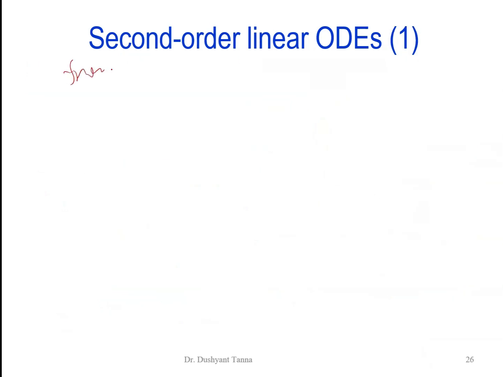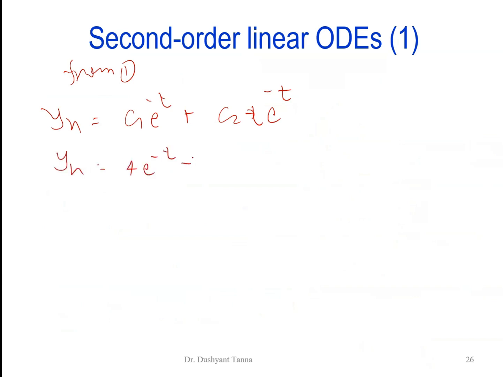From 1, my YH, which was C1 e raised to minus T plus C2 T e raised to minus T, I replace C1 as 4 and C2 as 2, so my YH is 4 e raised to minus t plus 2t e raised to minus t.